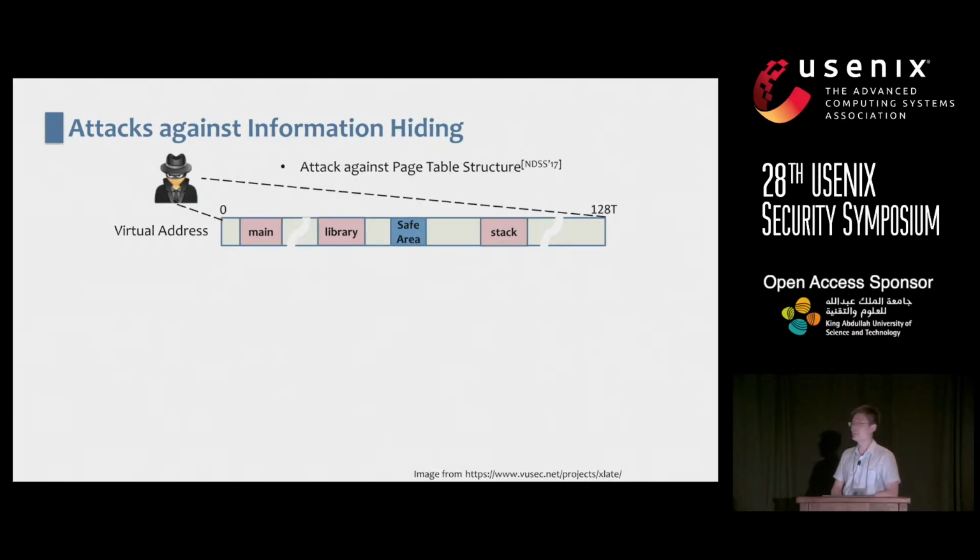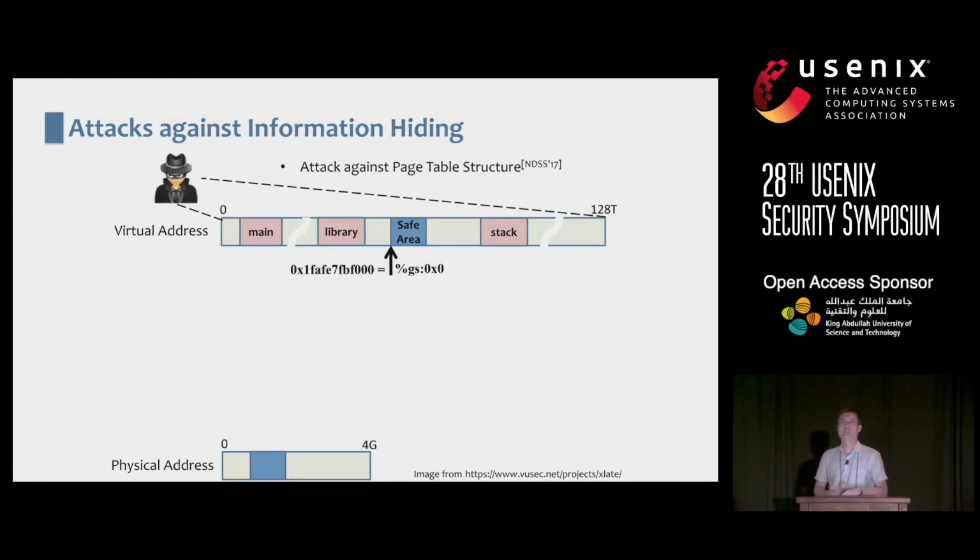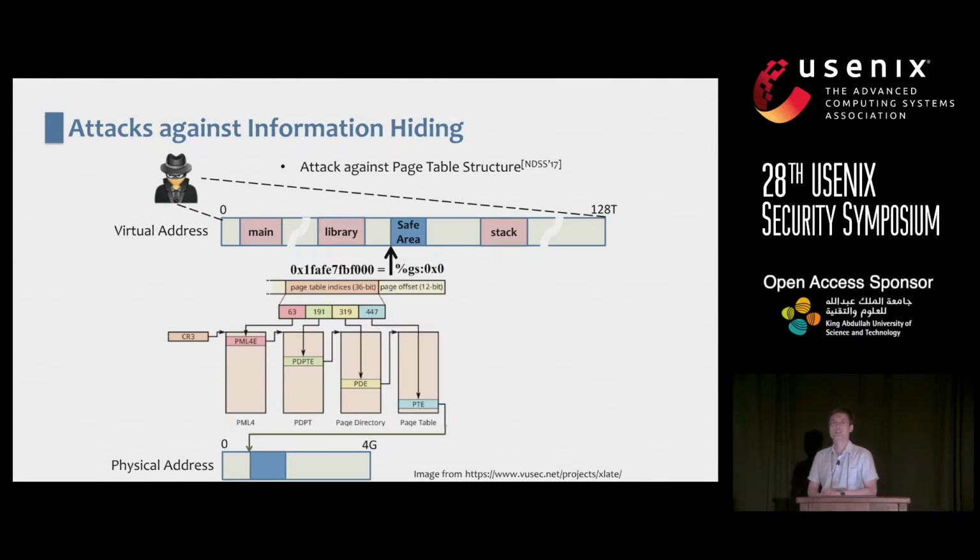The last one is the cache side channel attack against IH. We know that normal access to the safe area is done through the virtual address. The hardware should perform the address translation from virtual address to physical address by walking a page table. There are four level page tables.